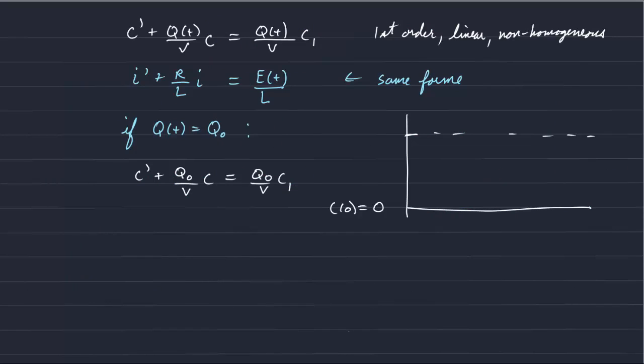So the long-term solution is C1. And we'll have an exponential increase in the concentration from 0 to the concentration of our input fluid.